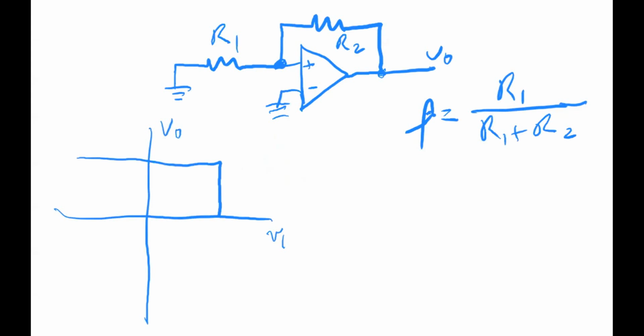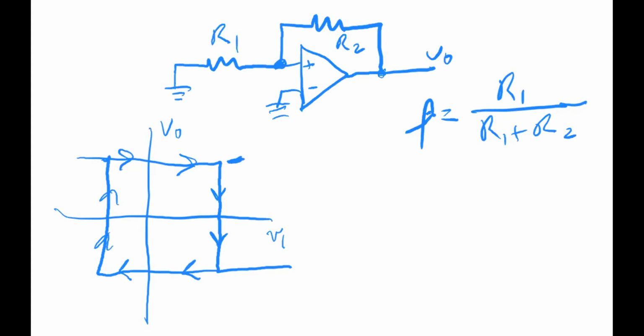So the trajectory was like this. And then you have the hysteresis loop. Here is L plus, and this is L minus, defined by the saturation voltages or the power supplies of the op-amp.